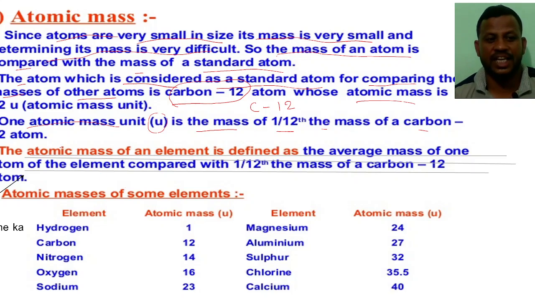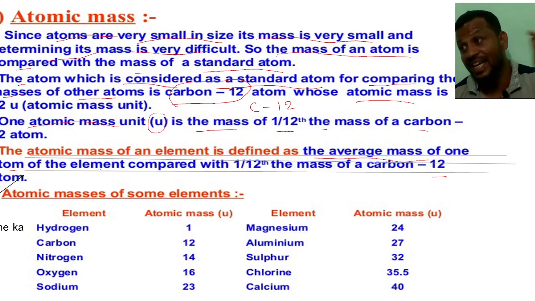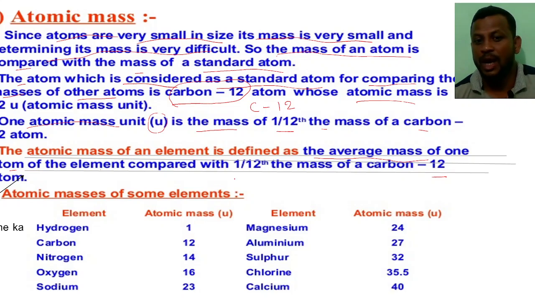So we can see here the atomic mass of a different element is defined as the average mass of one atom of an element compared with 1/12 of the mass of a carbon-12 atom. We are going to compare the total average mass of an atom of an element to 1/12 of the mass of carbon.